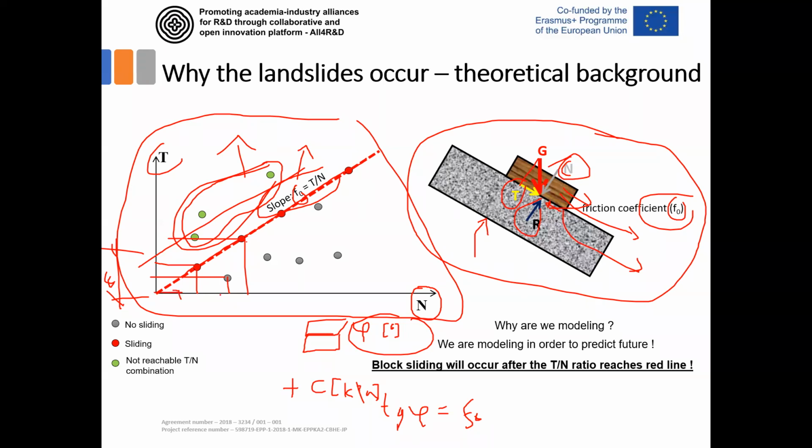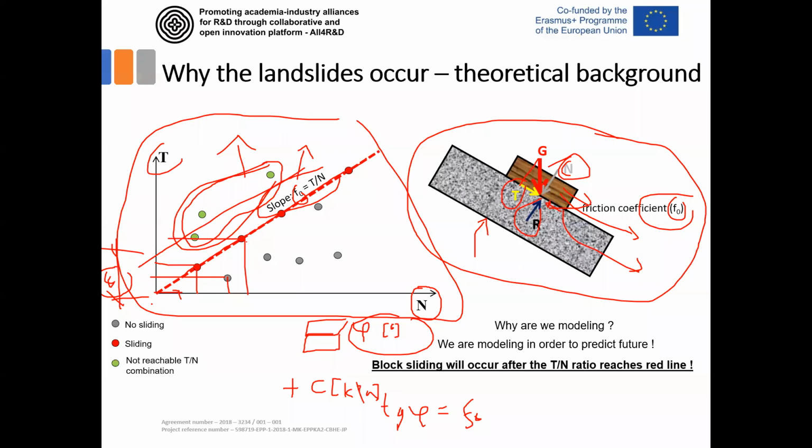So when there is no force that pushes this body down perpendicular to the sliding surface and you don't have any resistance, then you don't have cohesion.